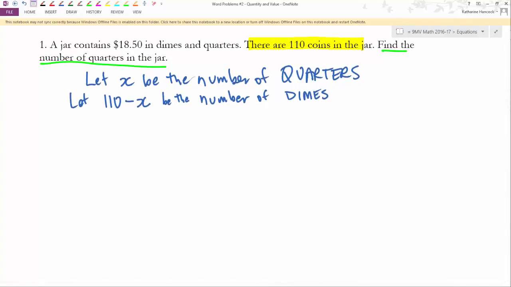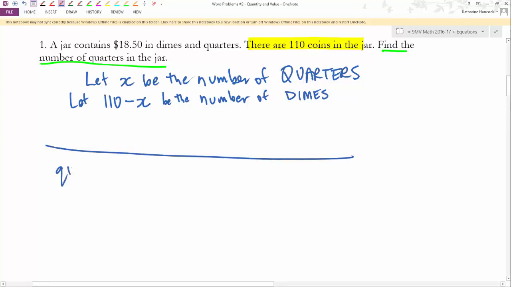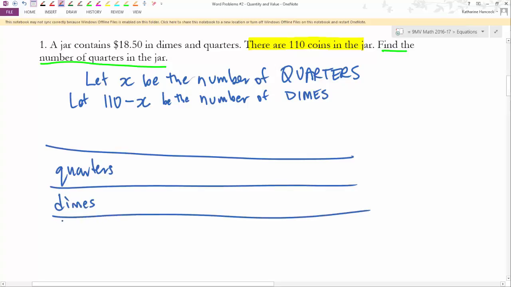Whenever I do any of these questions that deal with money and values, I make a table. So I'm going to make a table, and it's going to have quarters, dimes, and a total amount. And then I'm going to look at the number of them, or the quantity.